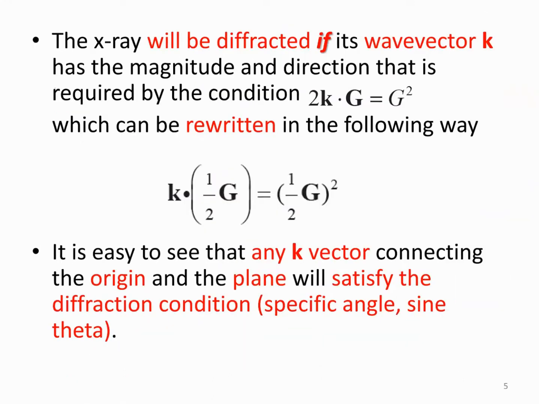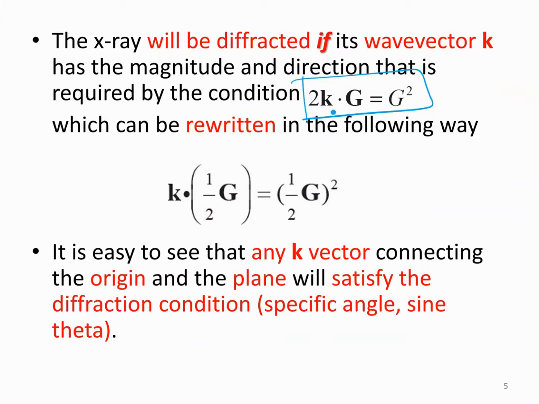Now the X-ray will be diffracted if its wave vector k has a magnitude and direction required by the condition 2k dot G equals G squared, which can be rewritten in the following way: k dot 1/2 G equals 1/2 G squared. Remember this condition in the Bragg law? So we can rewrite this equation.